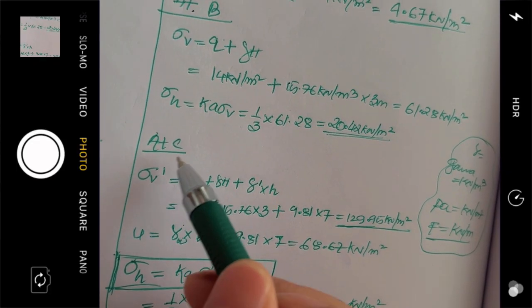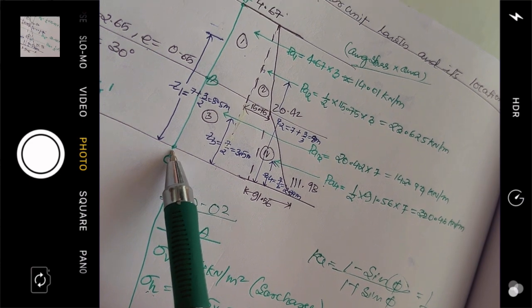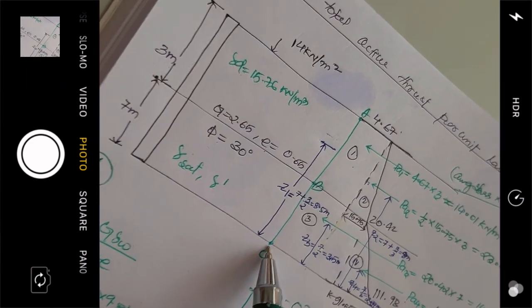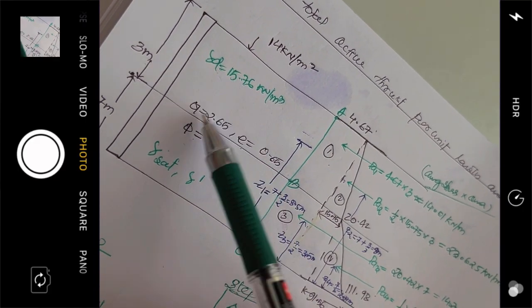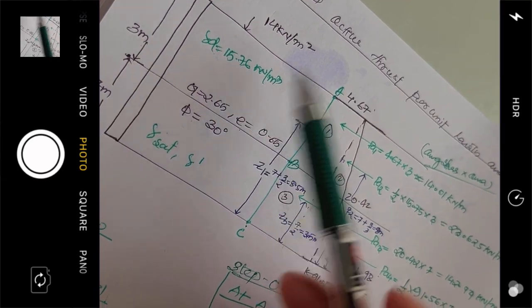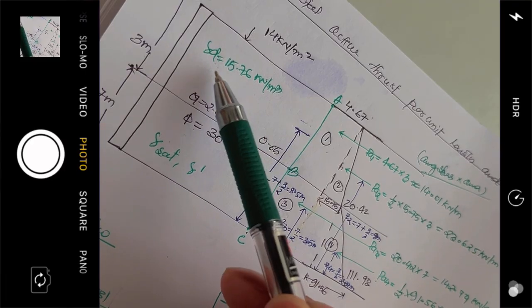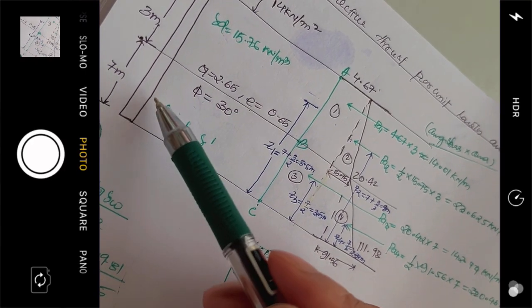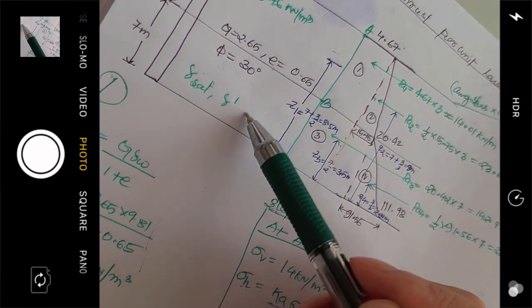Similarly for case 3, at C, how much will be the sigma V? You can just see it from the figure and determine. It's 14 plus for this portion, then 15.76 into 3, plus 7 into the submerged value.